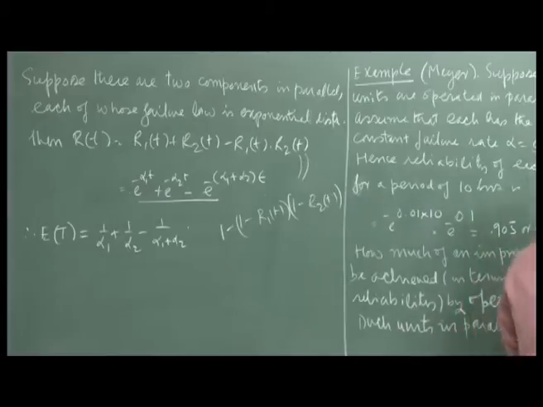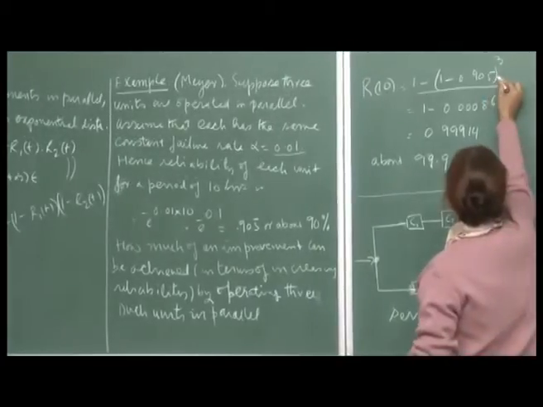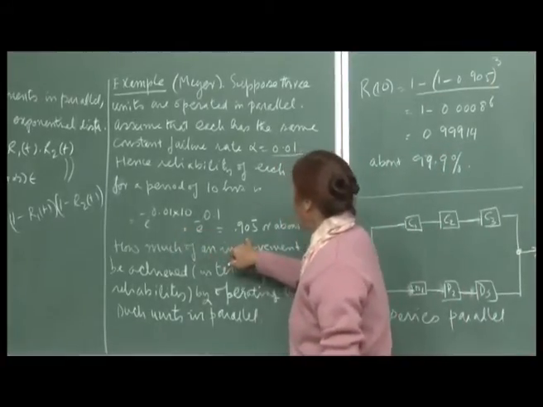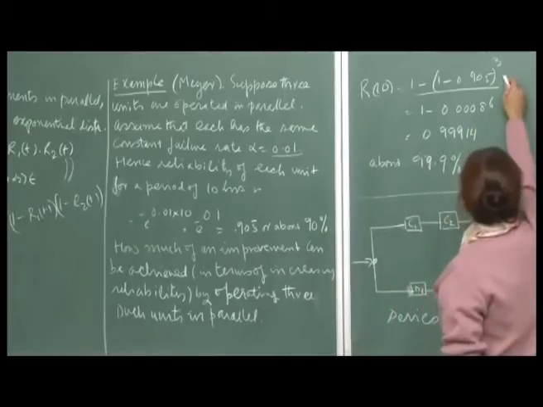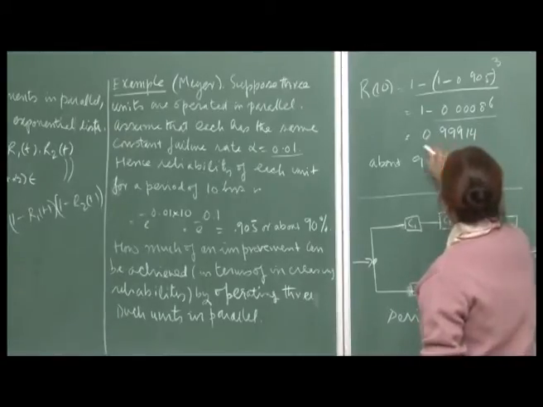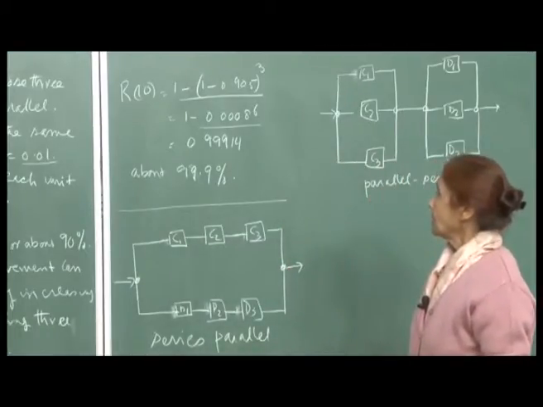In our case it will be a cube, so this is 1 minus 0.905, because r came out to be 0.905. So, 1 minus that raised to 3 comes out to be 0.99914, and therefore the reliability has gone up to 99.9%.